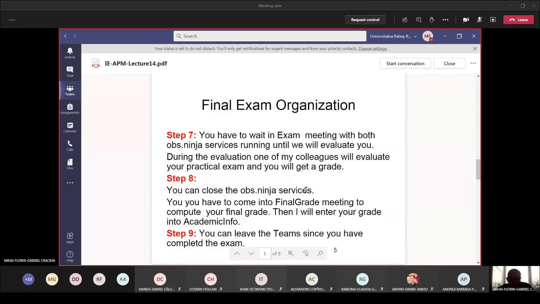After that, step 9, you can leave Teams and your exam is complete. You have to follow all these steps in order to have the final exam completed. Otherwise, I cannot give you the final grade for the final exam.